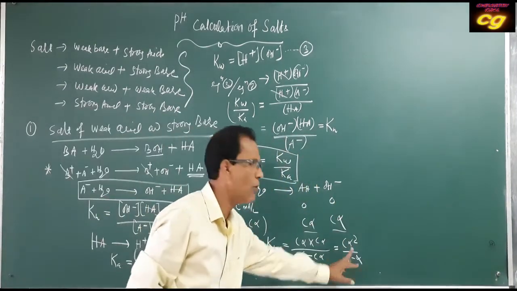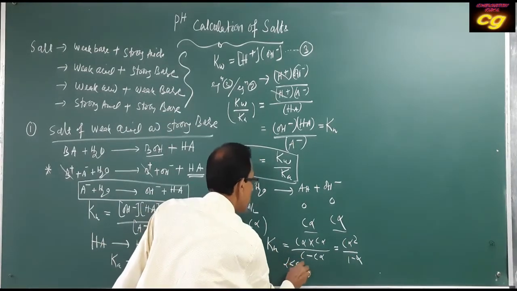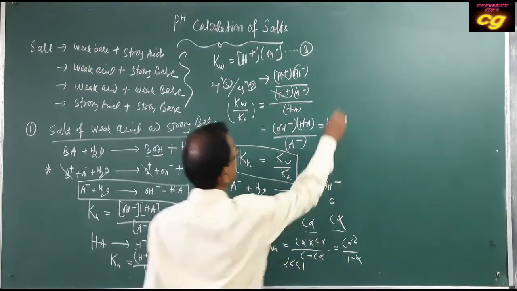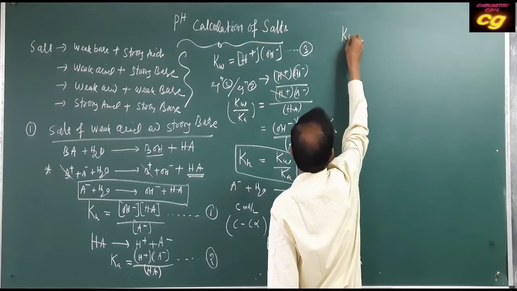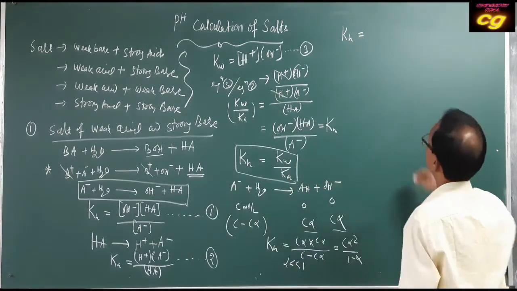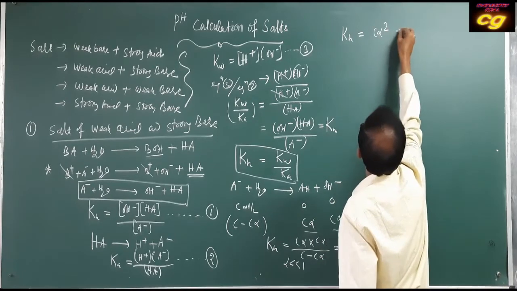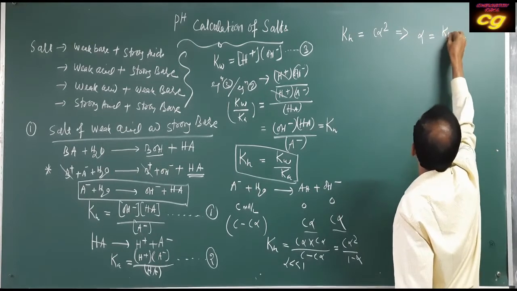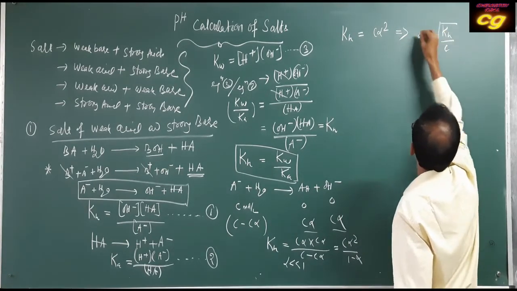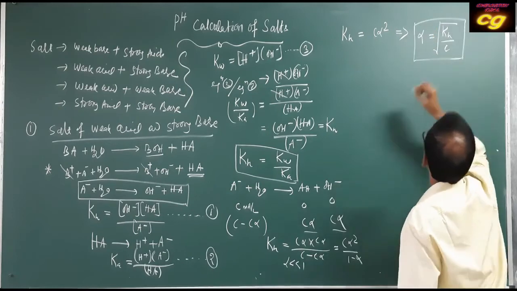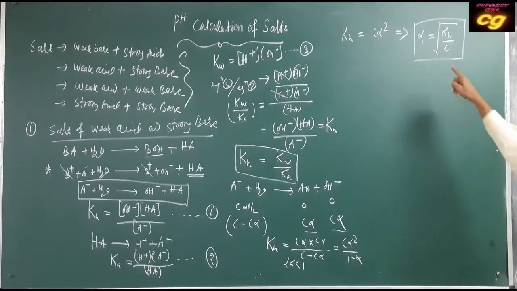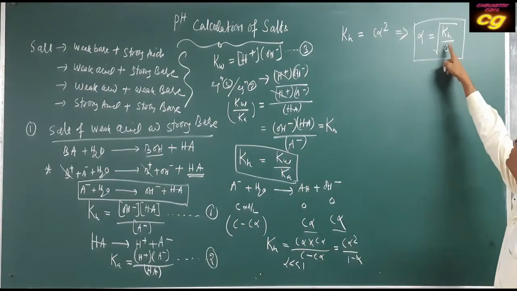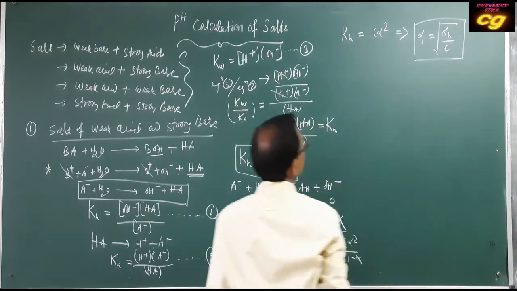If alpha is very small compared to 1, where alpha is the degree of dissociation, then the value of Kh is equal to C alpha square. This implies alpha is equal to square root of Kh upon C. This is the derivation of the degree of dissociation of a salt of weak acid and strong base: alpha is equal to square root of Kh upon C.